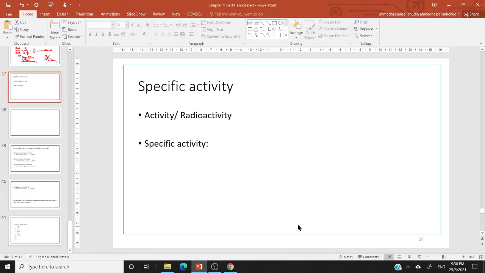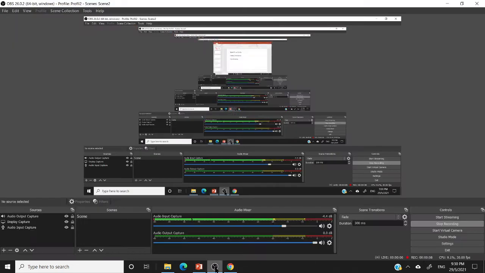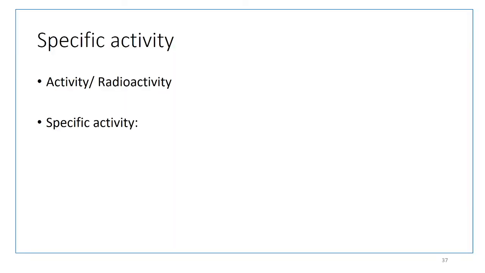Okay, folks. So in this video, I will explain about specific activity. And before that, let's recall the radioactivity or the activity, which was R equal to decay constant and the number of nuclei.